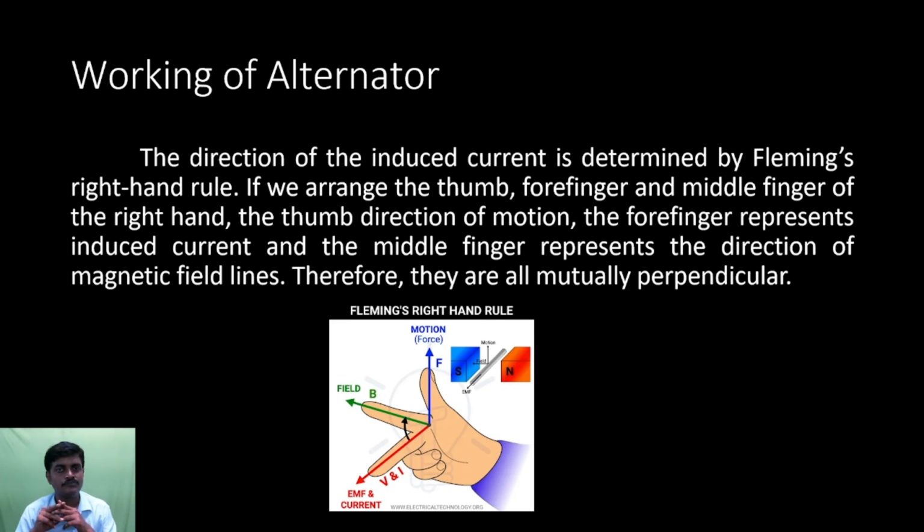Why? Now I am talking about only a single turn, a single coil. When a single coil moves upward and downward, the current direction is going to change. Suppose I am using a turn of the coil, like in the diagram.